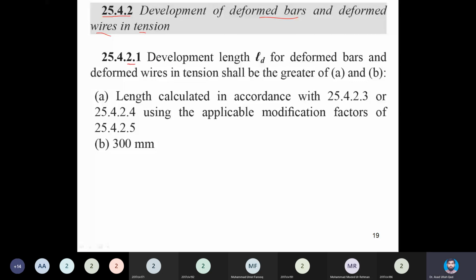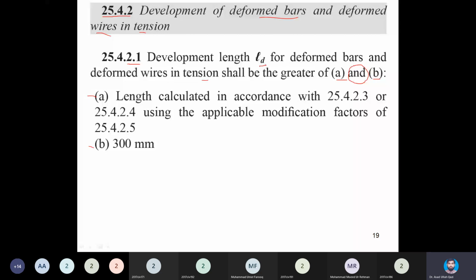Here in 25.4.2.1, development length for deformed bars and wires in tension shall be the greater of A and B. So A and B are given underneath and it is stated 'and'. So you need to check both of them and out of them the greater will be selected.